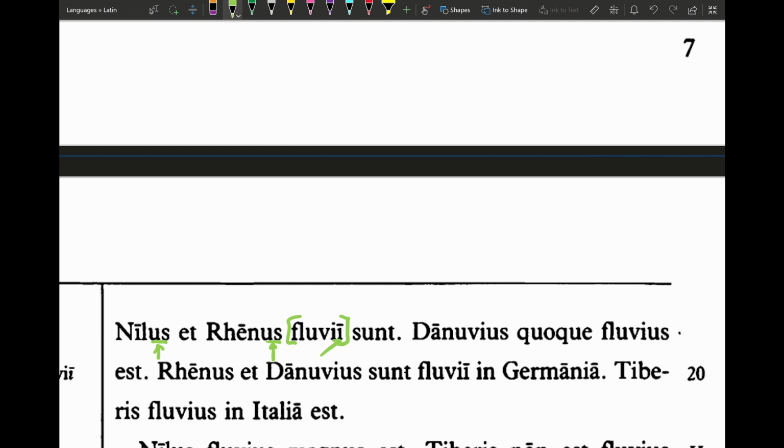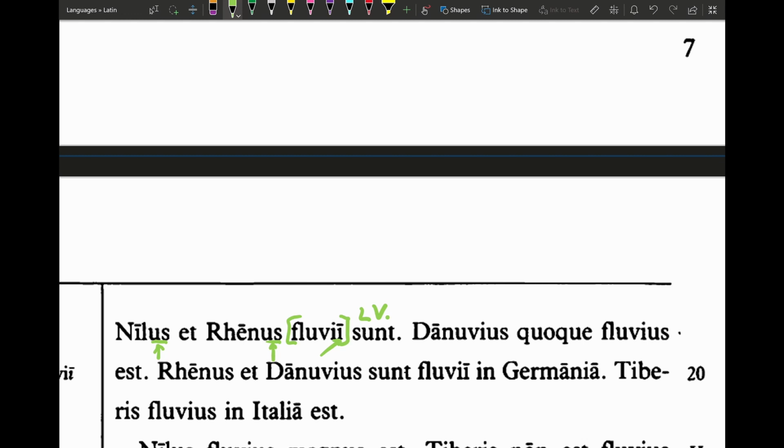Okay? This I with the macron signifies to us that it is agreeing with the number of subjects. That means it's plural. Okay, it's in the nominative case, but it's plural. Also, look at our linking verb. It too is plural. So it says the Nile and the Rhine are rivers.